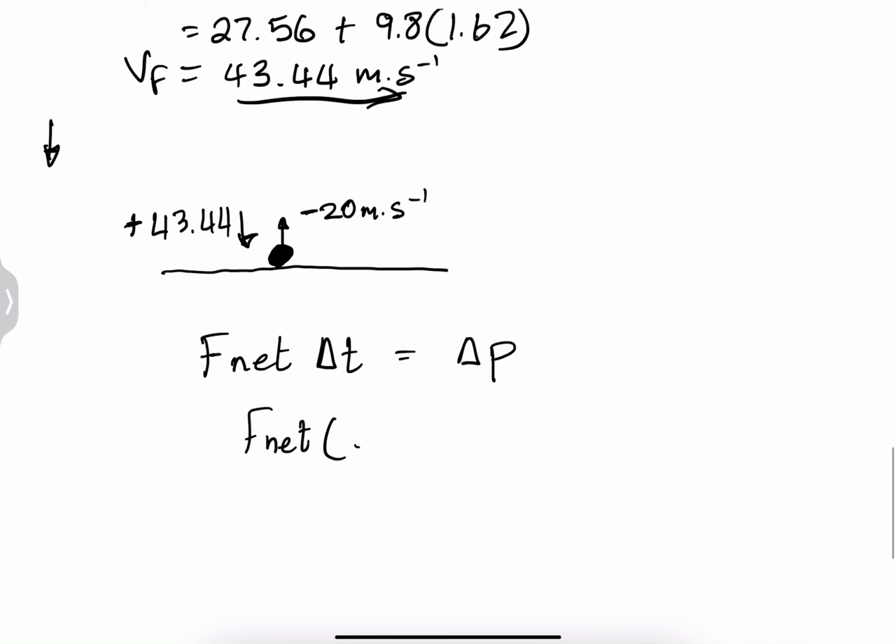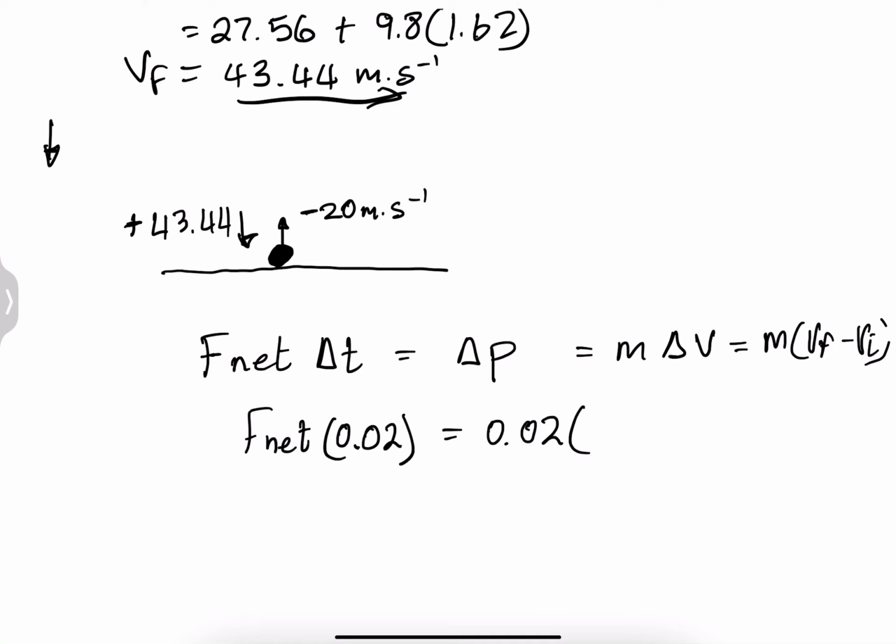The change in momentum is mass multiplied by the change in velocity, meaning mass times final velocity minus initial velocity. So I'm going to substitute that there.